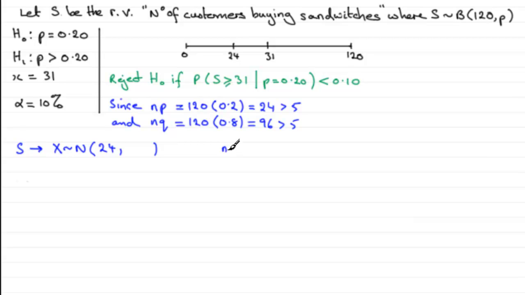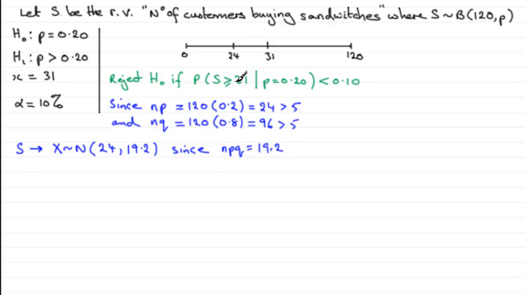So I can work out npq quite easily. We know what np is. np is 24. Just multiply 24 with q, 0.8, and you end up with 19.2. So I've got that the variance here will be 19.2 since npq equals 19.2. Okay?